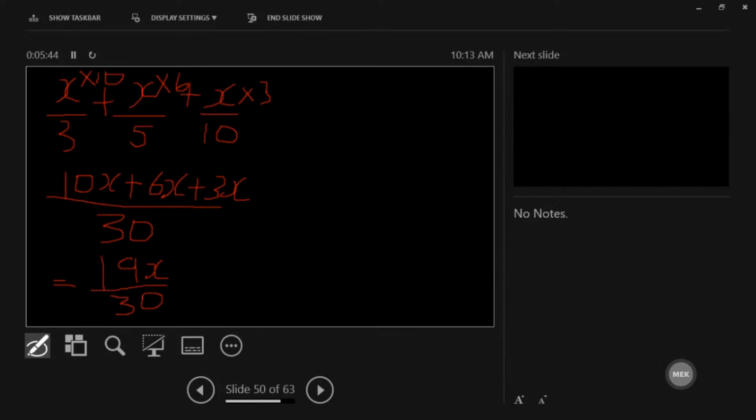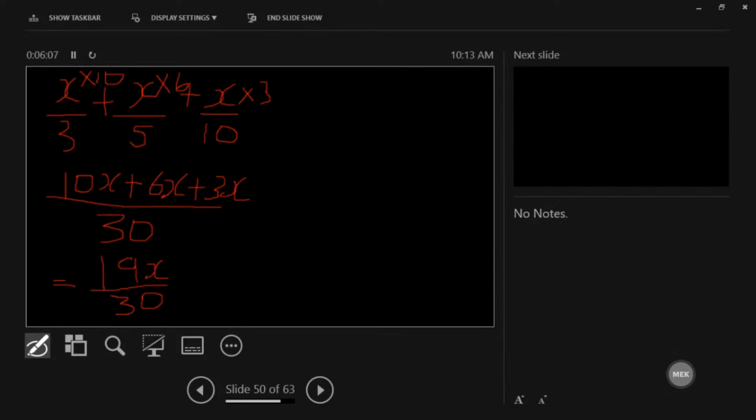So 10 times x is 10x. 5 into 30 goes 6 times, and 6 times x is 6x. And 10 into 30 goes 3 times, and x times 3 is 3x, right? Then we combine the like terms in the numerator.